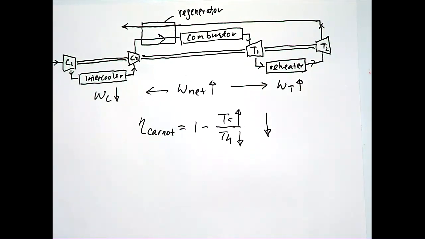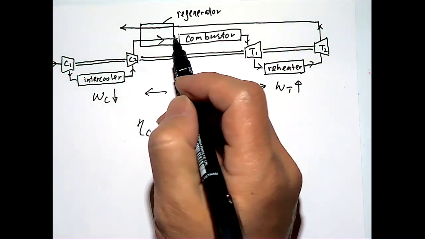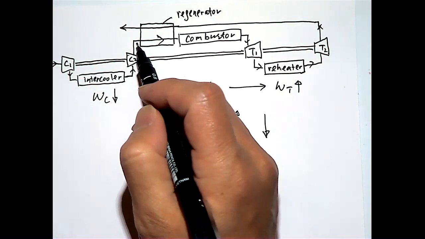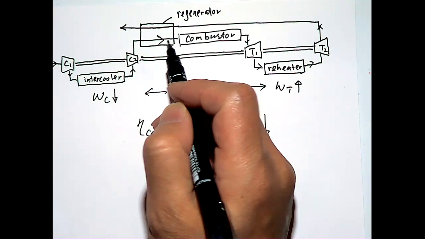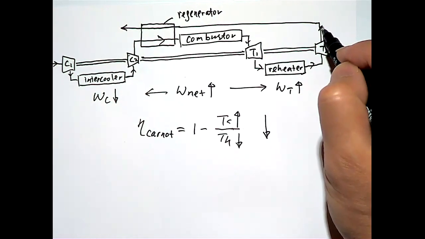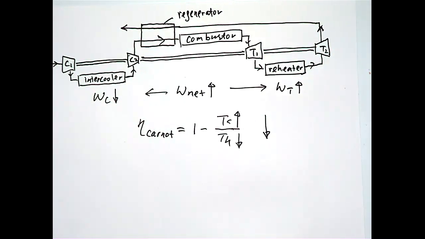The regenerator is actually more efficient in this case because you have a higher temperature coming to here, and a relatively lower temperature on the other side. So that works pretty efficiently. All right, so that's what the system looks like when you're using intercooler, reheater, and regenerator together.